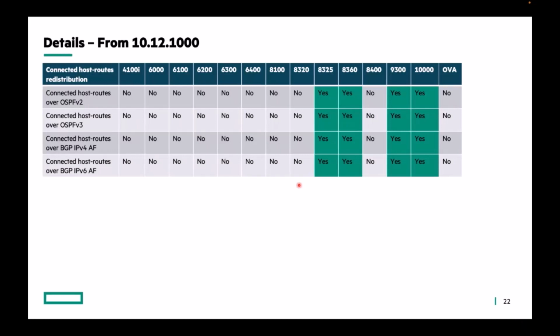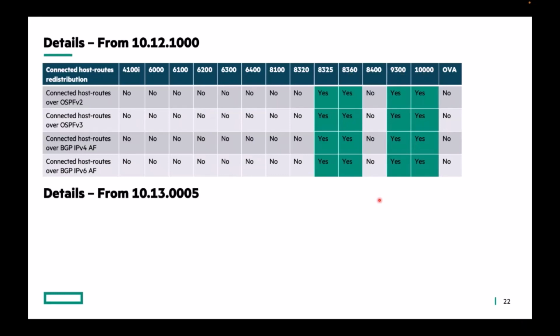In the 10.12 release, we have connected host route redistribution for OSPF version 2, version 3, and BGP IPv4 address family and IPv6 address family unicast. We have these many platforms supported: 8325, 8360, 9300, and 10Ks. They all support this particular feature.